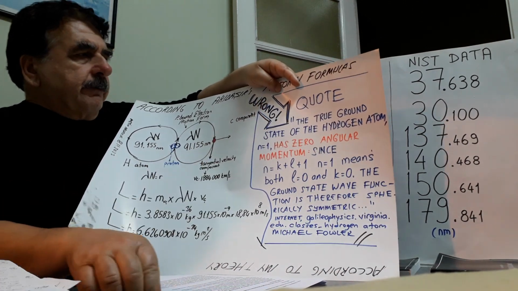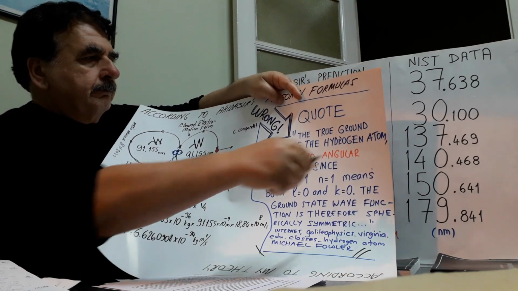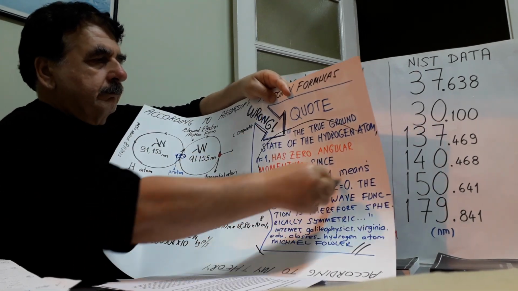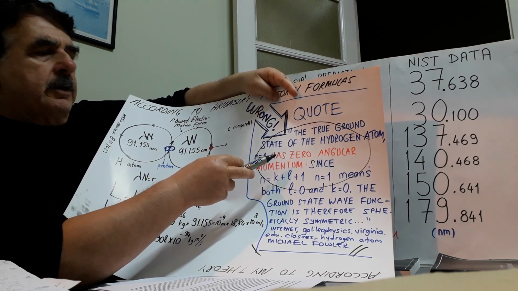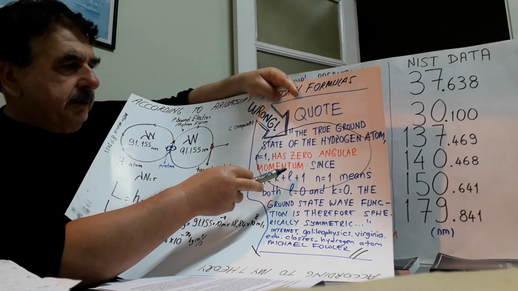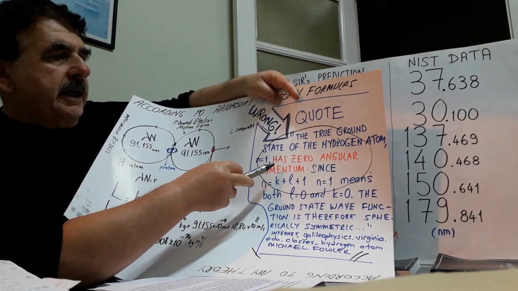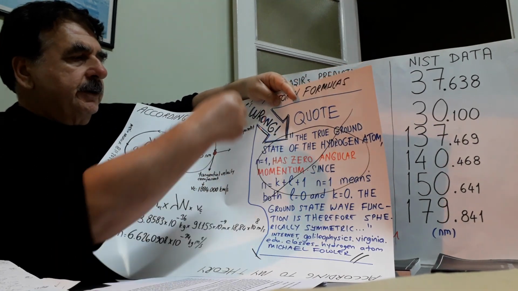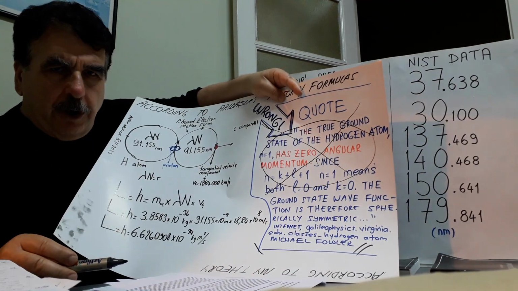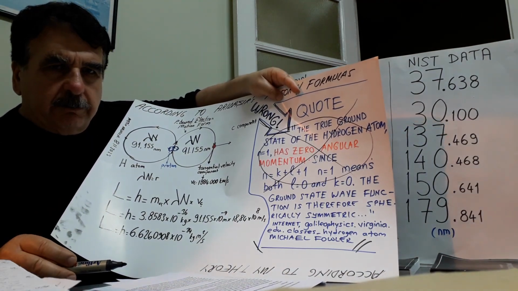Again, this is wrong. The true ground state of the hydrogen atom, n equals 1, has zero angular momentum. This is wrong, according to my theory and my formulas.